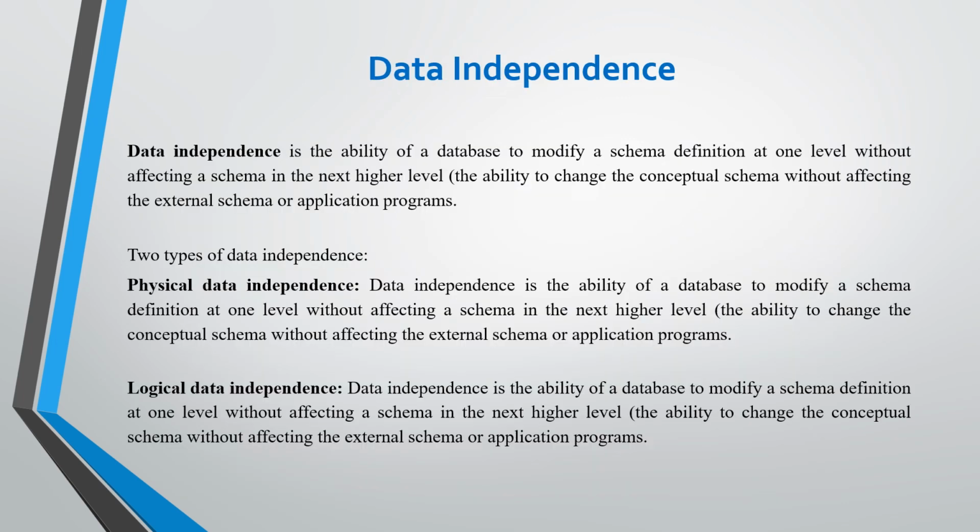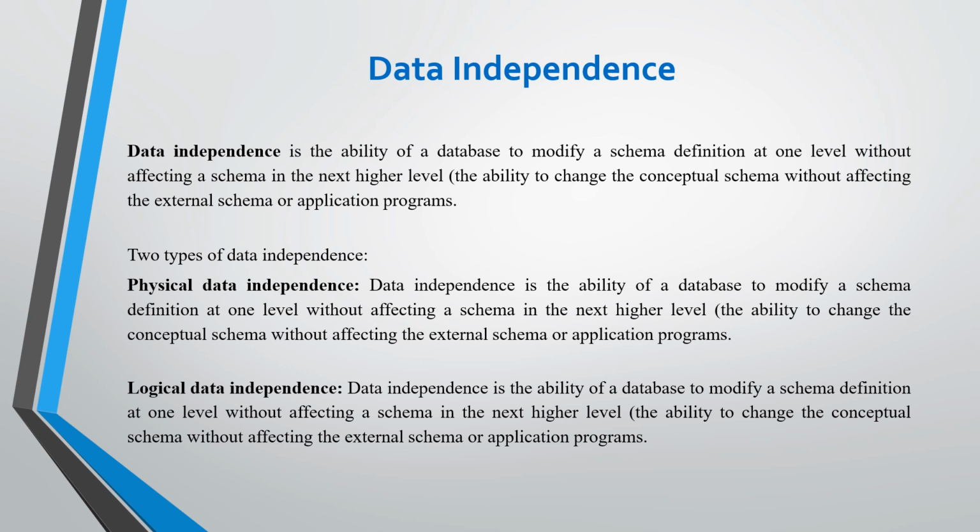In the next slide, we move on to data independence. What does data independence mean? Data independence is the ability of a database to modify the schema definition at one level without affecting the schema definition at the next higher level.